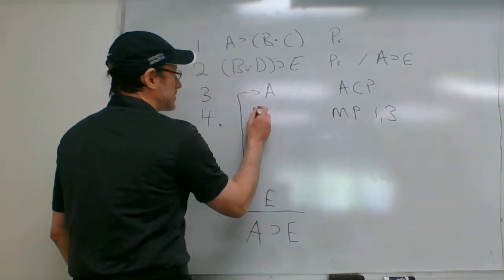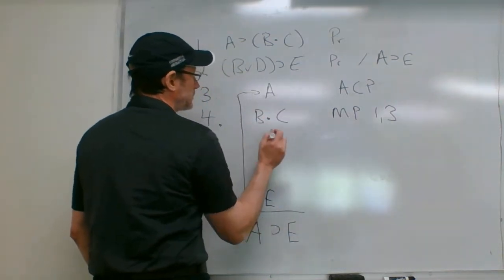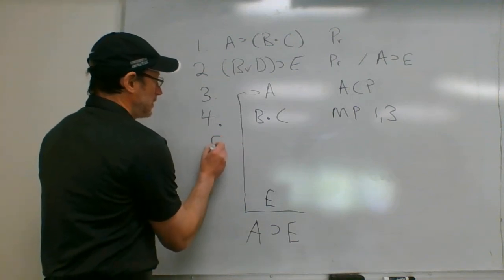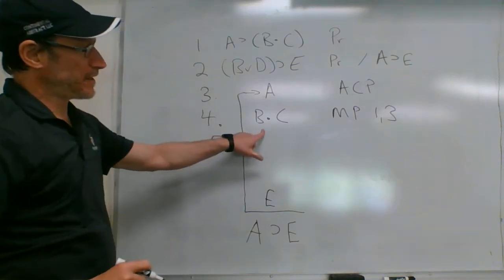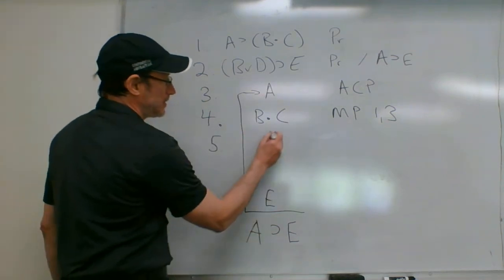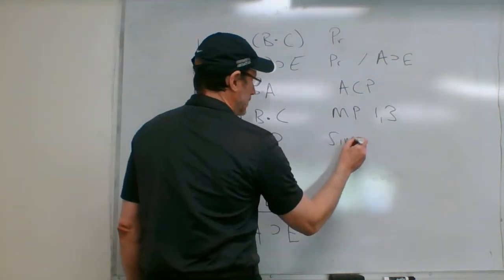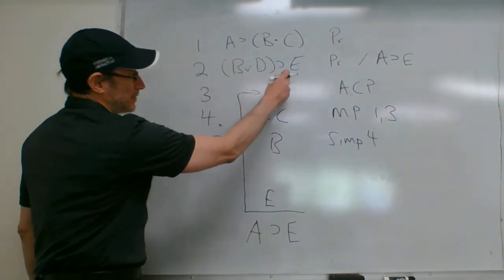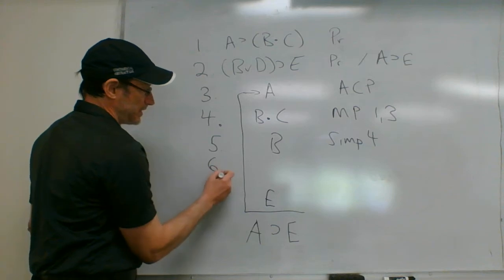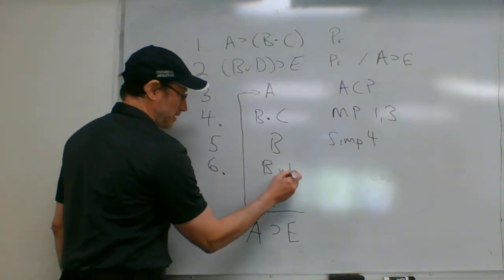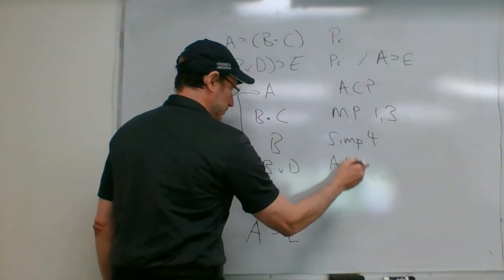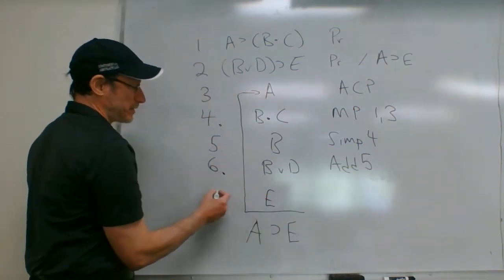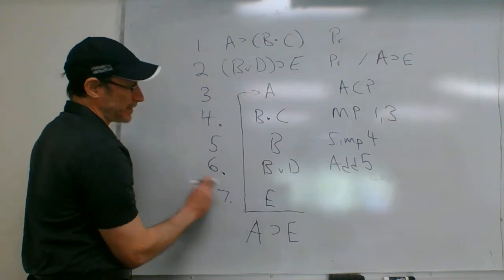I would get B dot C. Okay, I could now simplify this conjunction to get B. I can now, I see I'm getting closer to E. I need to just use addition, B wedge D. And now I can get E by modus ponens on 2 and 6.